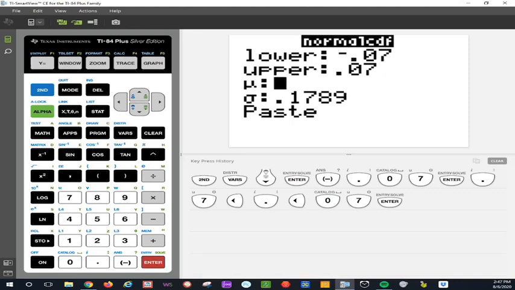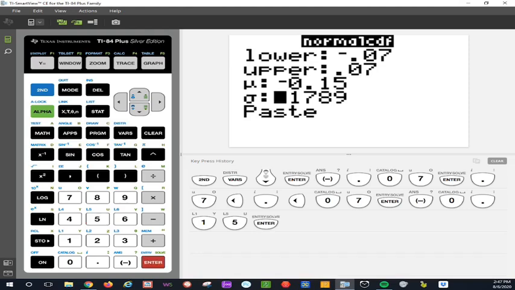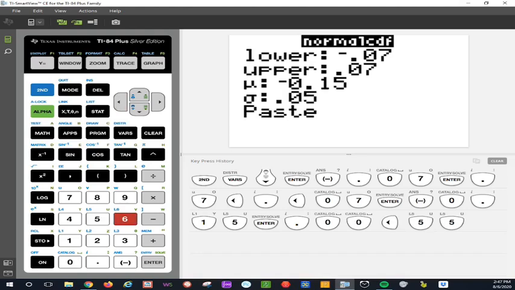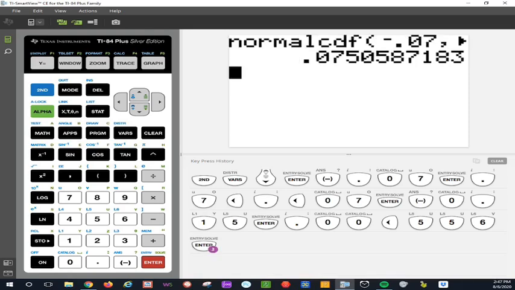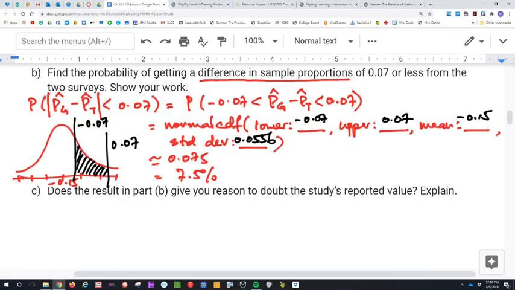Mean is negative 0.15. Standard deviation is 0.0556. And voila, 0.075, so approximately 7.5%.